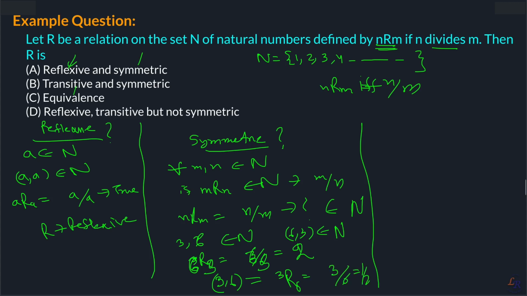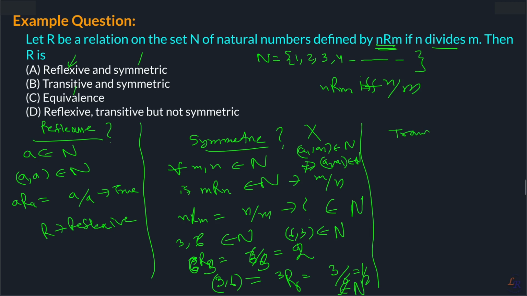So 1 by 2 is not a natural number, so it's not an element of N. Now you see that for 3, 6 we have a1 R a2, this pair is in the relation, but not necessarily that if (a1, a2) is in R, it implies that (a2, a1) is in R, right? So it is not symmetric.